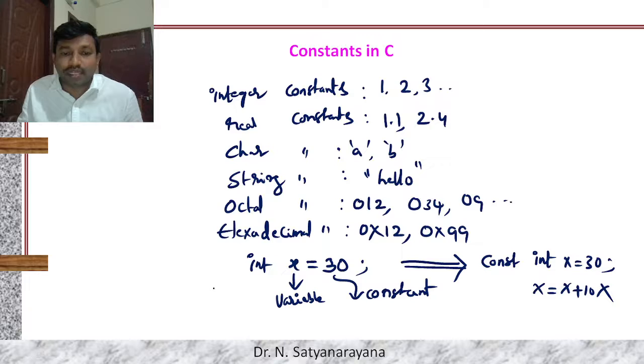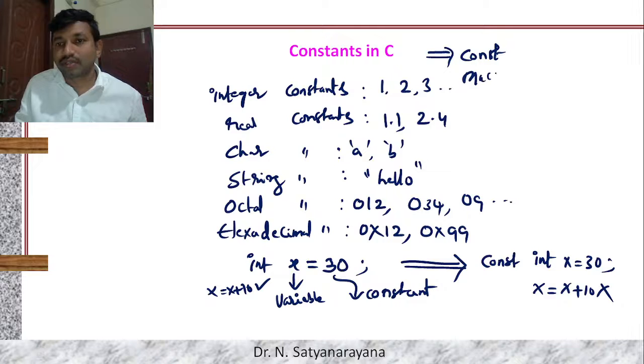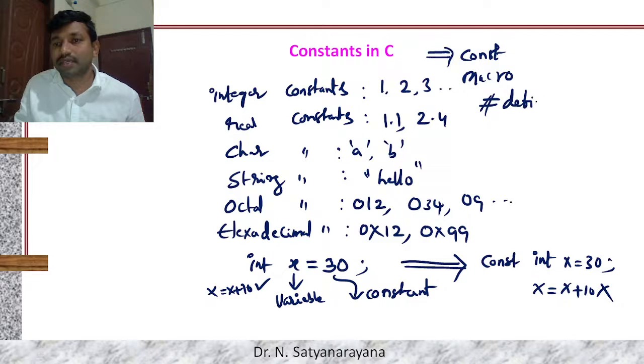But here it is okay, because it is a normal variable, you can say x is equal to x plus 10. It is okay. So to make variables a constant, one way is to use the const keyword. Of course, we also use some preprocessor directives or macros to make certain variables constants. Probably we will talk about macros later on, but they could be like this: #define PI 3.14.